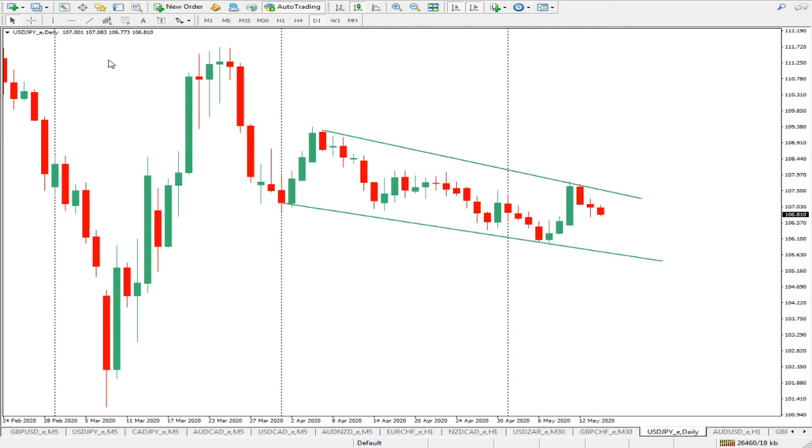So we had a resistance here. We had a resistance around this level. We had a resistance here.